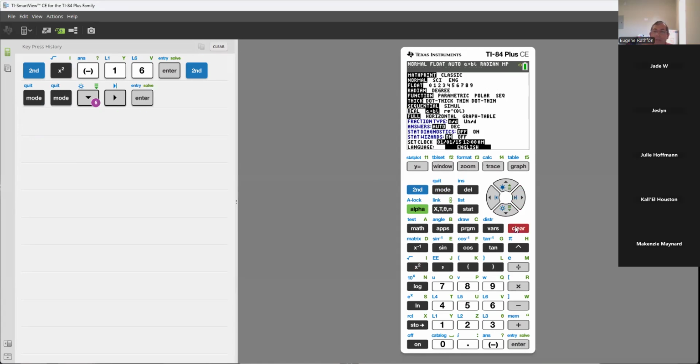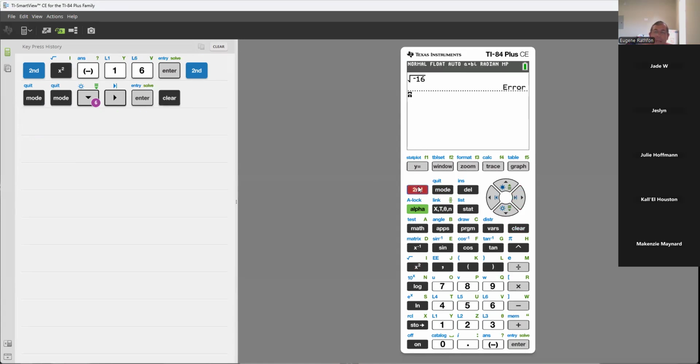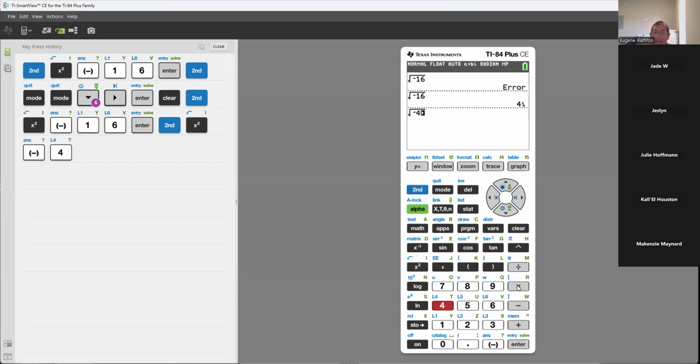now watch what happens when I clear the screen. Second, x squared for square root, put in that negative 16, and watch this. Square root of a negative 16 is 4i. And it'll do all those perfect squares. Negative 49 I had a while ago.